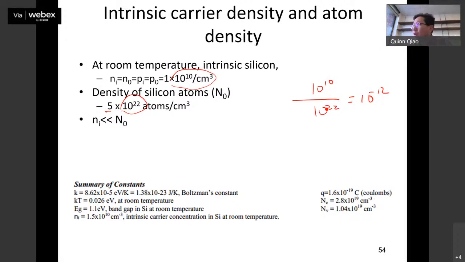That means every 10 to the power 12 silicon atoms can only contribute 1 free electron at room temperature. Okay, that's very small, right? That's why the intrinsic concentration is so small and the conductivity is not very high.